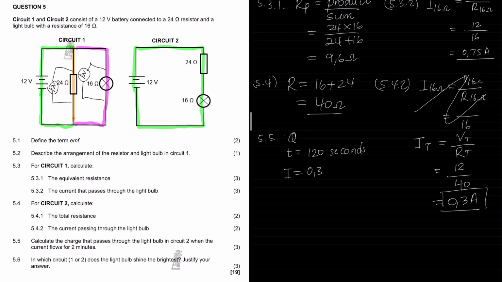Now there is a formula that uses these three quantities that we can use to work out Q. Remember the formula, I is equal to Q divided by T. So 0.3 is equal to Q divided by 120. Now you cross multiply, Q is going to equal 0.3 times 120, which is 36 coulombs.